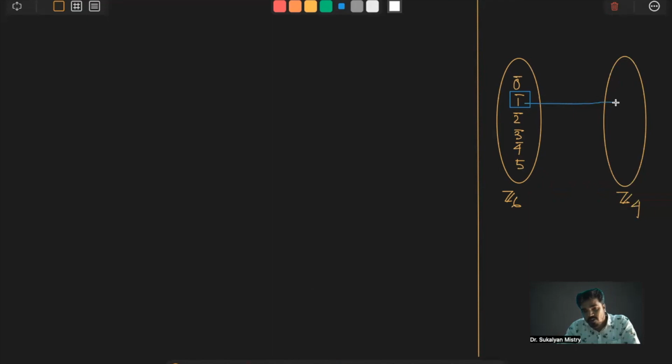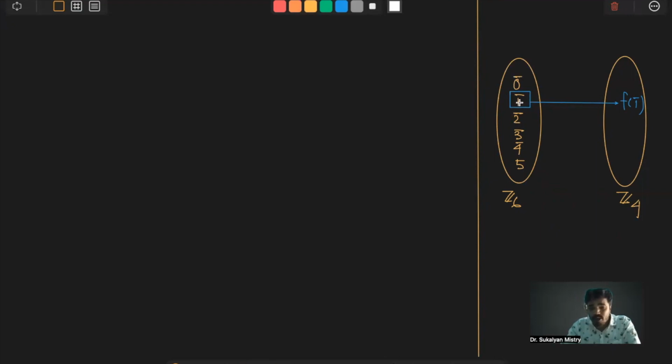What is the image of 1? That is f of 1. So f of 1 bar is the image of 1 bar. So by property 1, the order of f of 1 bar should divide the order of the pre-image, that is the order of a.